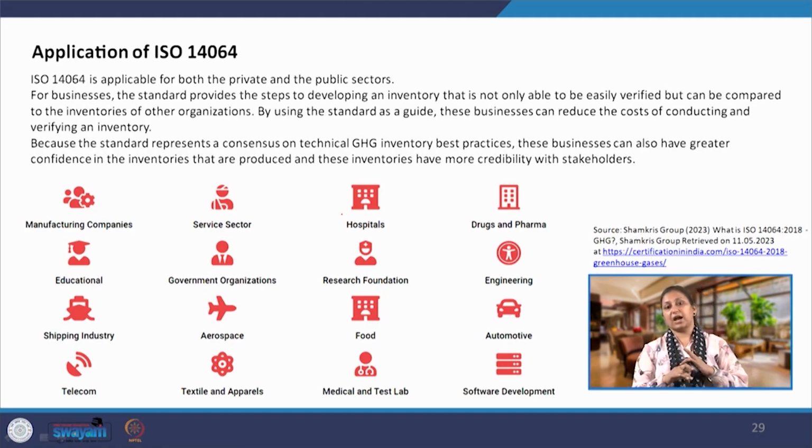It is a standardized framework which can be applied to any organization and any industry which wants to report GHG emissions. It helps them understand what to do when we want to report these emissions, and how to verify and validate, which is what will be facilitated through ISO 14064.